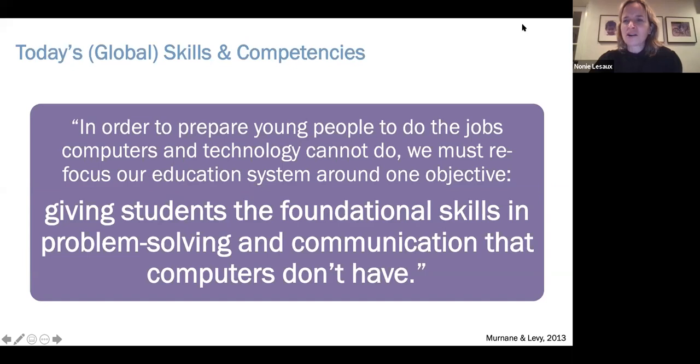So in other words, what our labor economists are saying here is, if we are going to prepare young people to do those jobs that the computers and the technology cannot do, then we've got to get focused around giving our students foundational skills for tomorrow. That is the problem solving and the communication that computers don't have, right? So we've got the tech work and the human work. And we want the two to work together. And the human work is going to have to complement and extend on the tech.